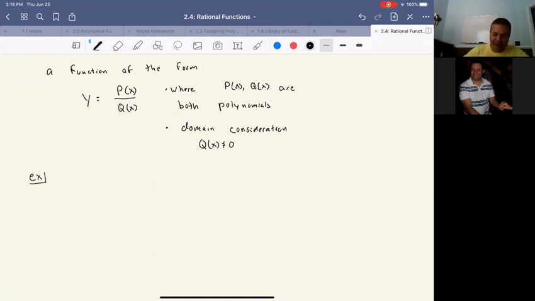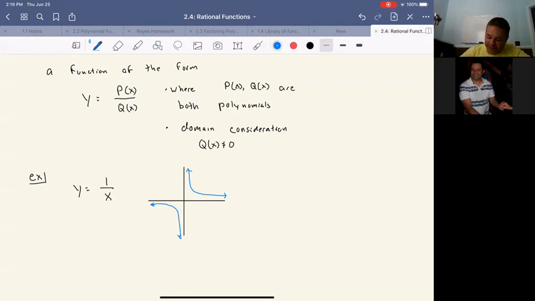Okay, let's take y equals 1 over x. This is a sort of very basic rational function. Okay, let's take a look at the graph of it. We've actually seen this equation a few times already. Couple things that we say about this thing.